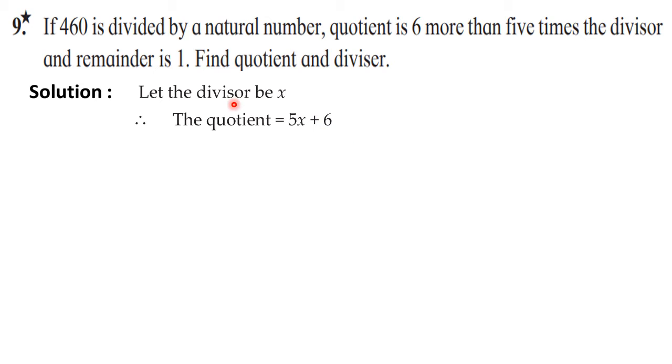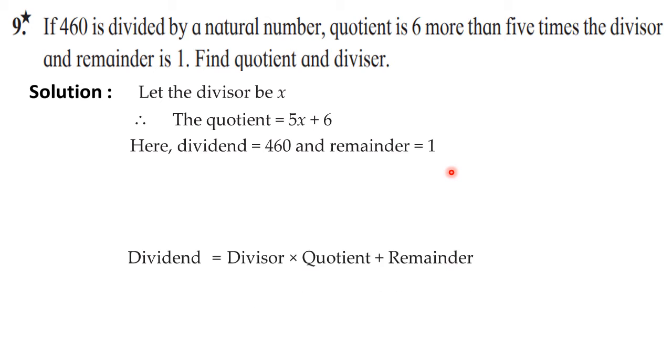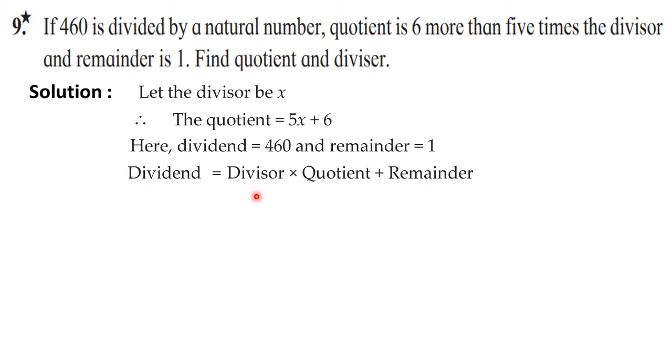Divisor is written, quotient is written, dividend we know is 460 and remainder we know is 1. Now immediately write down the relationship that we need: dividend is equal to divisor into quotient plus remainder. By using this relationship we will get the quadratic equation.